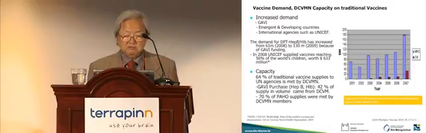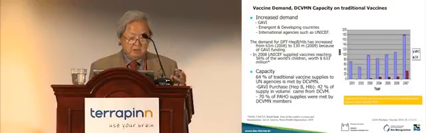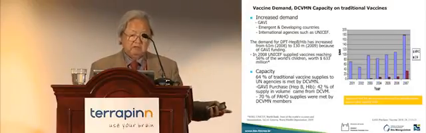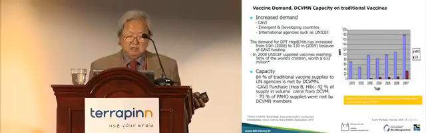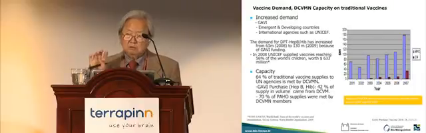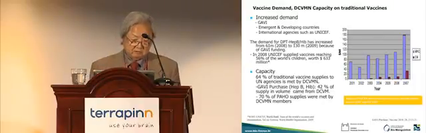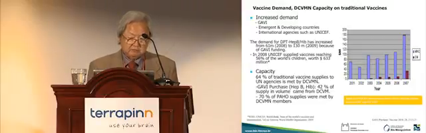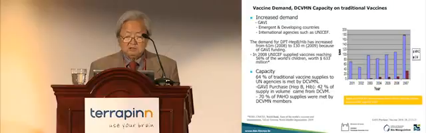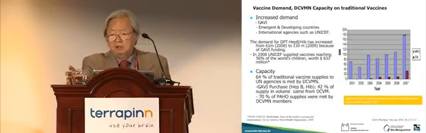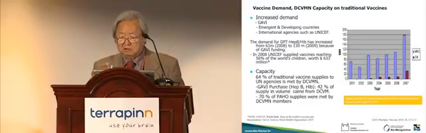The capacity of DCVMN laboratories: 64% of this traditional vaccine supply to United Nations agencies like UNICEF, PAHO Revolving Fund, even WHO, is met by DCVMN. We already provide 64% of vaccine for this traditional vaccine. And for Gavi, for hepatitis B, Hib, DCVMN has supplied 42%. And for the PAHO Revolving Fund, we already provide 70% of the vaccine they require.